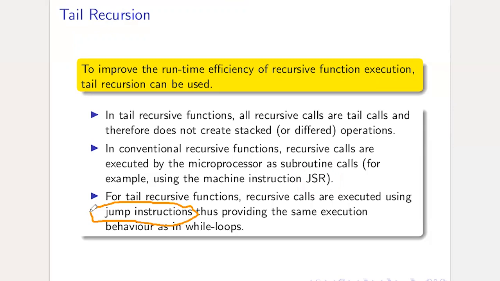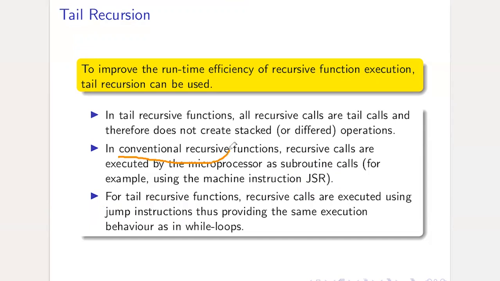So this is the difference. If you use conventional recursion, the CPU will use subroutine calls. If you use tail recursion, the CPU will use jump instructions. So make a careful note of the two different machine instructions that are used in the execution. Let me repeat again.